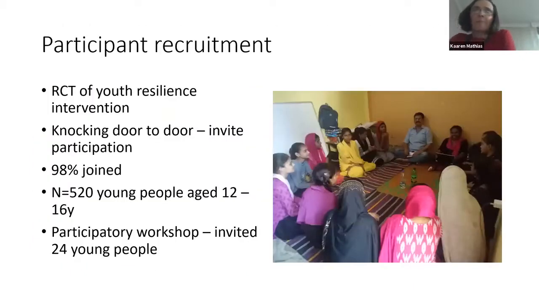The way we recruited the participants was they were all members who were part of our randomized controlled trial. We had a really high participation rate. The trial had 520 young people, but the workshops that we used for data collection were with just 24 young people.